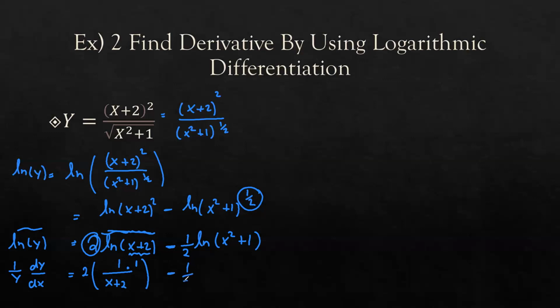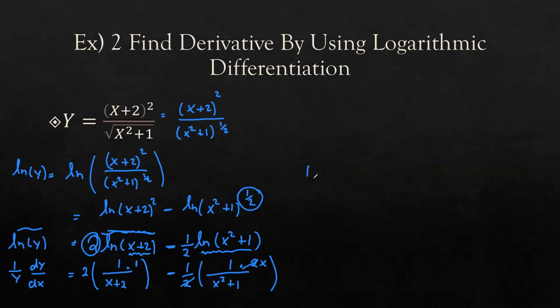Minus 1/2. Since 1/2 is a constant, just put it out for a bit. And then what's the derivative of ln of x squared plus 1? It's 1 over x squared plus 1 times the derivative of x squared plus 1, which is 2x. So looks like the 2's cancel.